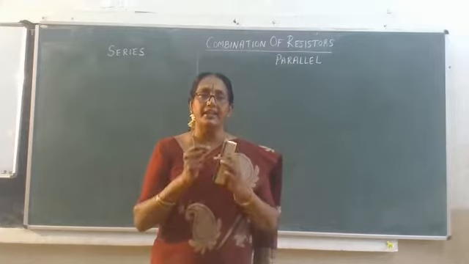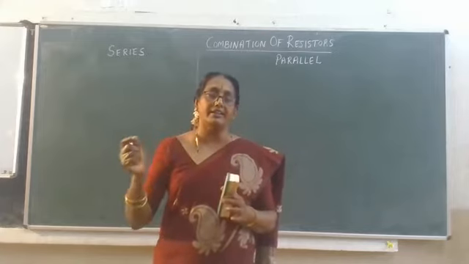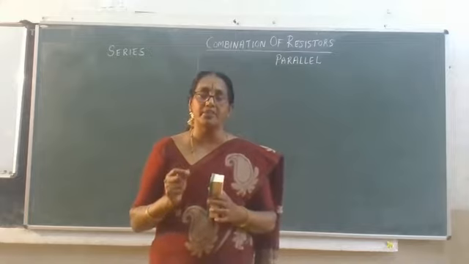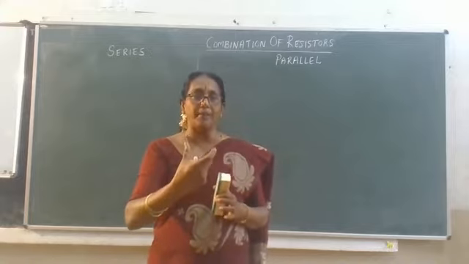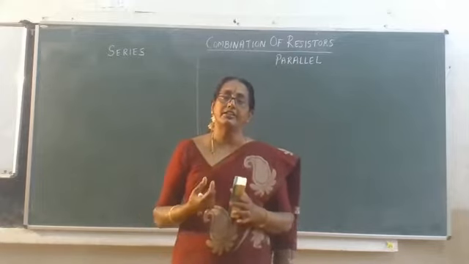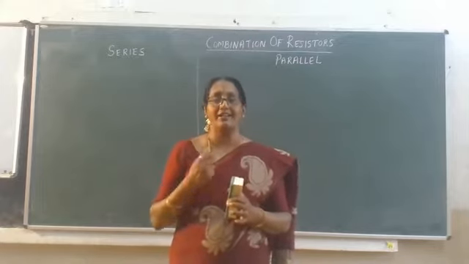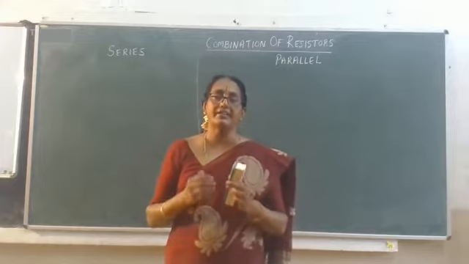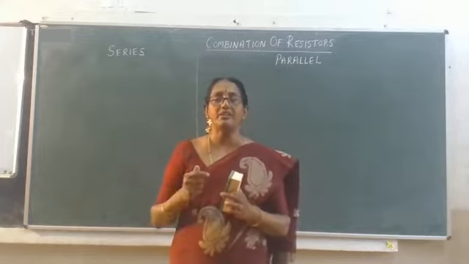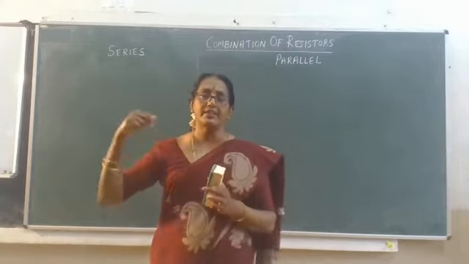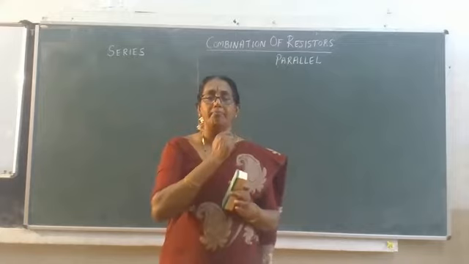Anything connected one after the other like beads in a chain is called a series connection. And as I told you, if you make a connection with components one over the other, that connection is called a parallel connection.